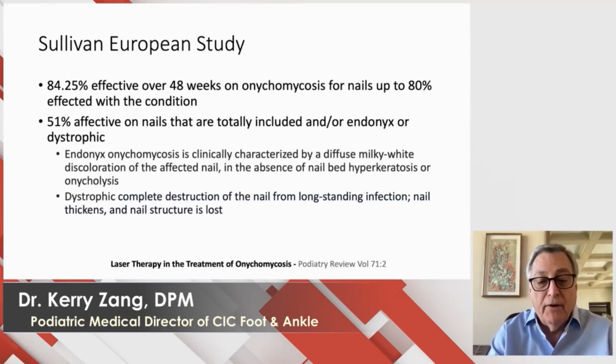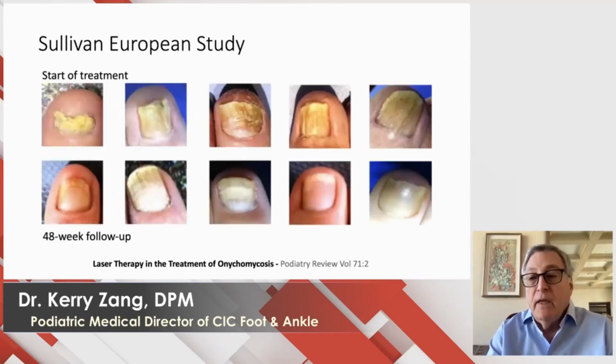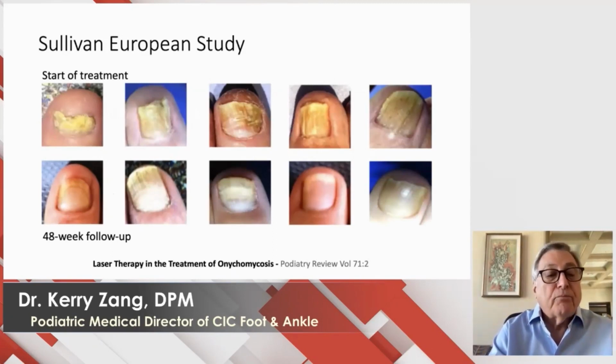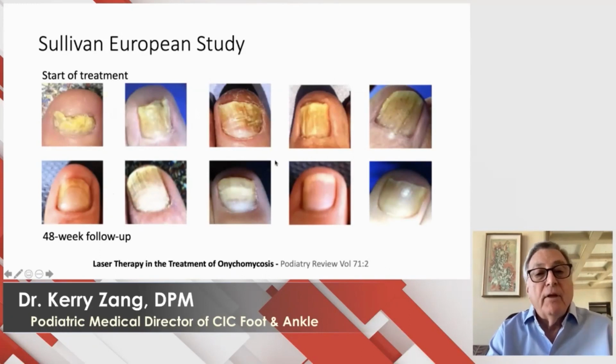We'll go over that a little bit later. So in his study, the top and the bottom are the results. This is 48 weeks from Dr. Sullivan's study. I think these pretty much speak for themselves.